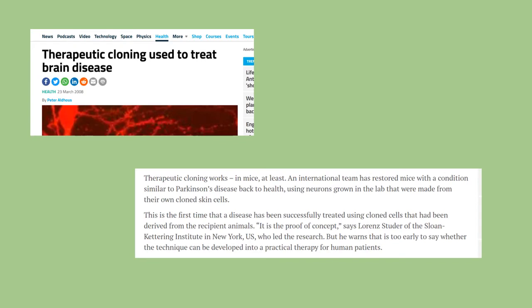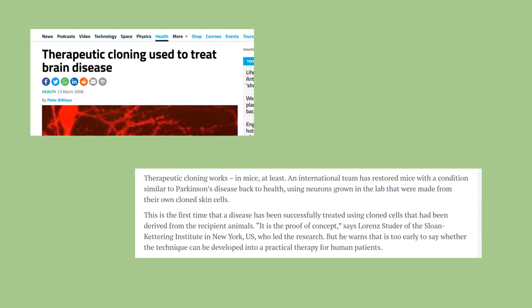Here's some evidence that it might be a useful thing. It says therapeutic cloning used to treat brain disease. Therapeutic cloning works in mice at least. This is a news story from 2008. An international team has restored mice with a condition similar to Parkinson's disease back to health, using neurons grown in a lab that were made from their own cloned skin cells.